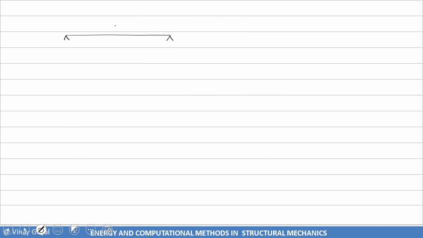and that beam has a load P applied in the middle. So we can assume an approximate solution, just a simple approximate solution. I'm not going to even add a lot of terms, but you can. It's C sine pi x divided by L. Let's just do one term.